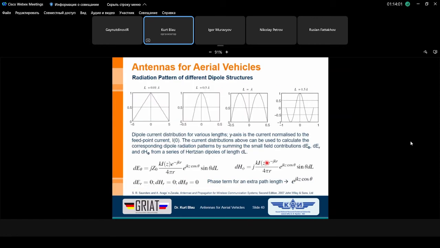In case of a very, very small dipole, again, the length should be 1% of the wavelength. In the literature, a triangular current distribution is assumed. The question is why? The dipole cannot have a flowing current at the end of its length.